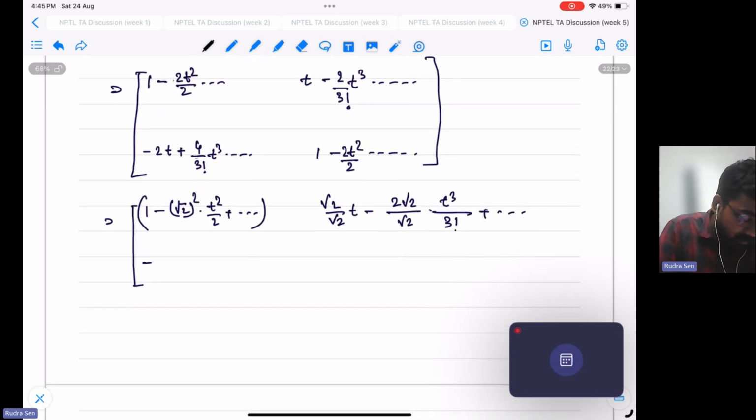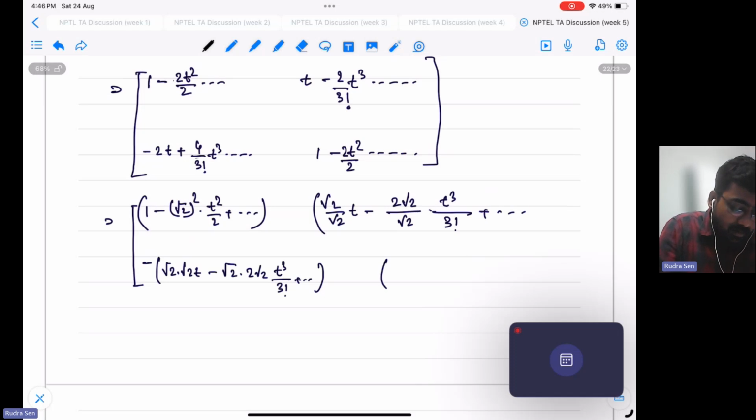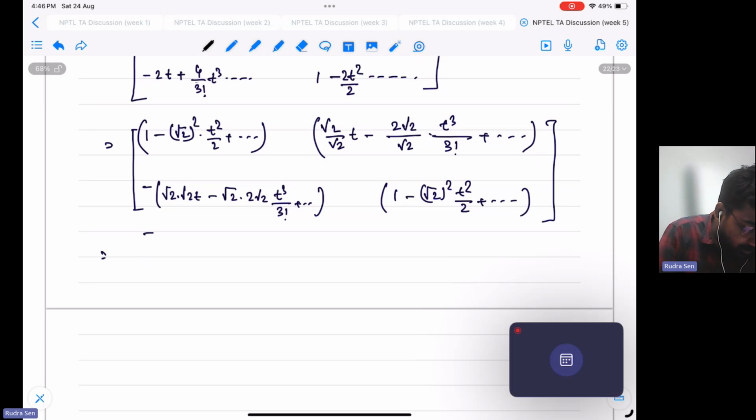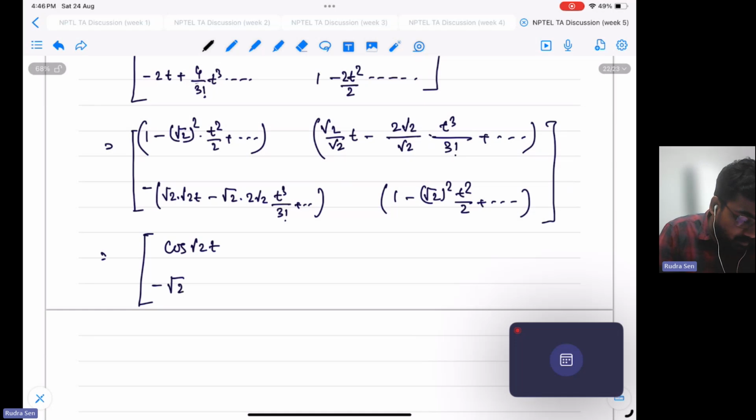Similarly root 2 into root 2 t minus root 2 into 2 root 2 t cube by factorial 3, plus this way, and this is 1 minus root 2 squared t squared by 2 plus this way. So what we get, this is basically cos root 2t. This is basically minus root 2 sine root 2t. This is basically 1 by root 2 sine root 2t. And this is basically cos root 2t.